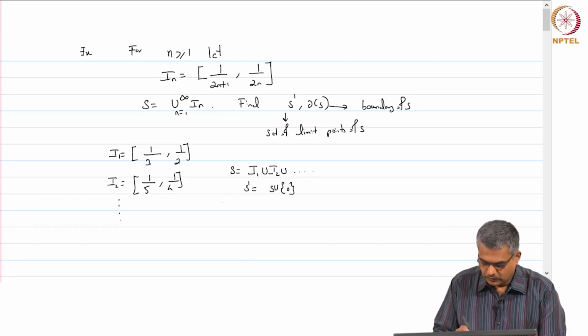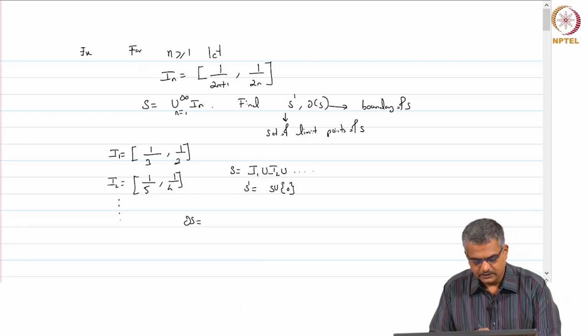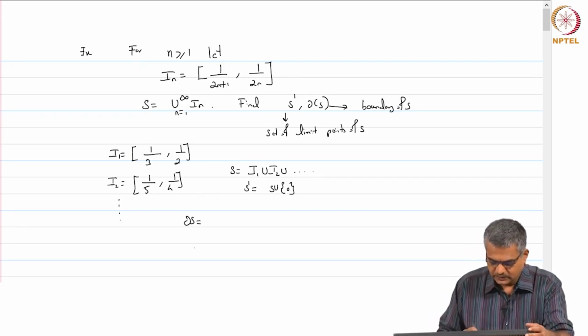What about the boundary of S? The boundary of S will contain all these endpoints. The highest number that we get is 1 by 2, and then if you see the pattern, 1 by 2, then 1 by 3, 1 by 4, 1 by 5 and so on.